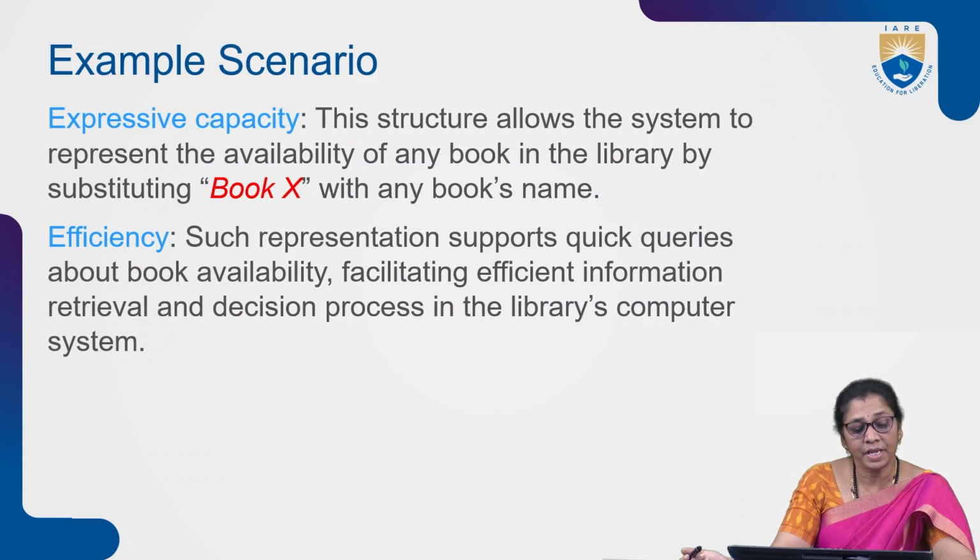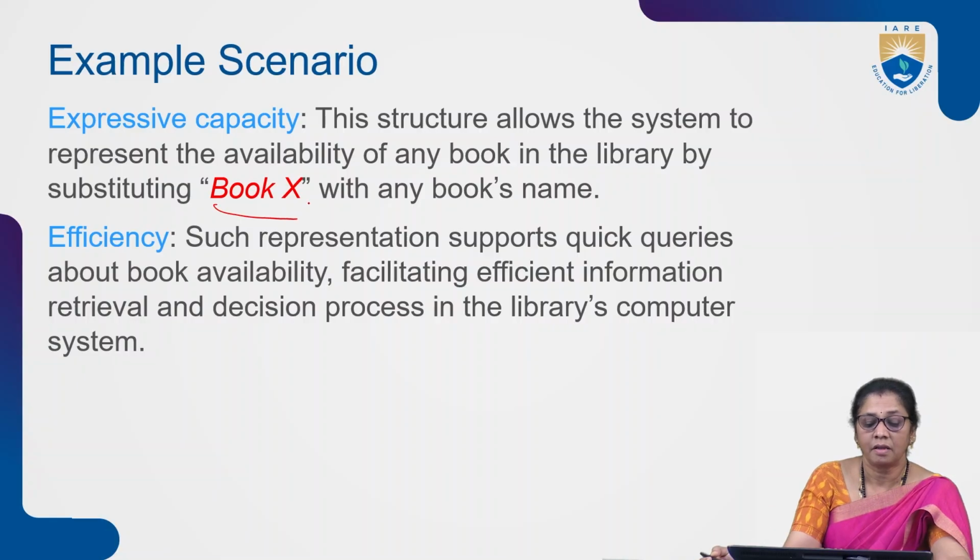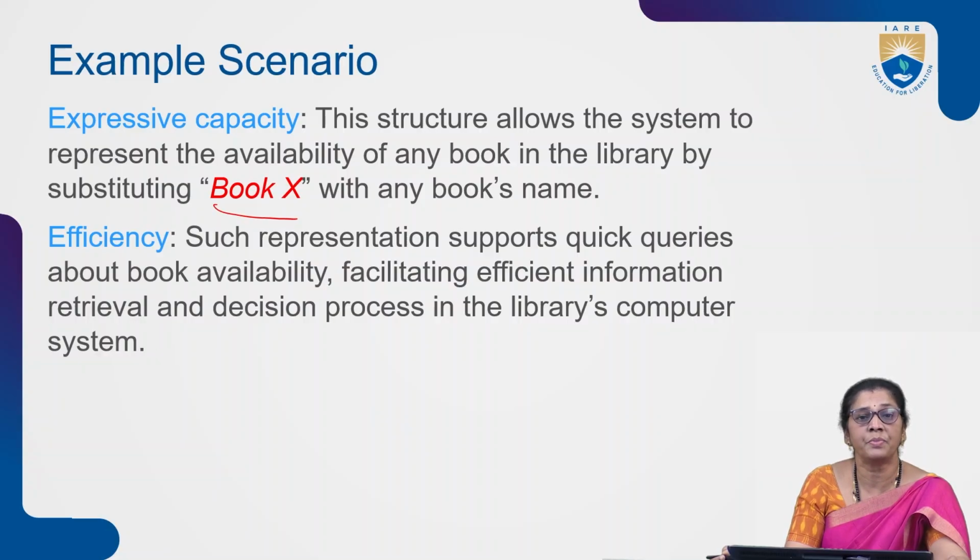Then the expressive capacity: this structure allows the system to represent the availability of any book in the library by substituting book X with any book's name. And what is efficiency? Such representation supports queries about book availability, facilitating efficient information retrieval and decision processes in the library's computer system.